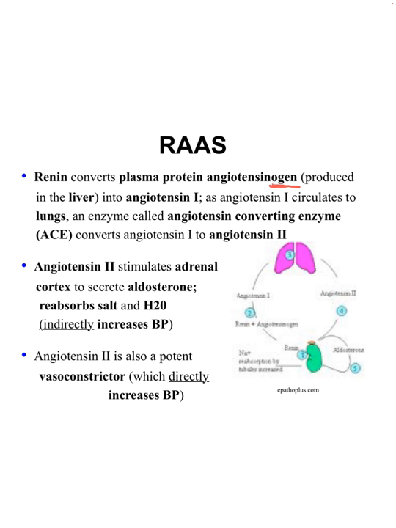So when renin's produced, angiotensinogen becomes angiotensin 1. Angiotensin 1 moves to the lungs, and there you have an enzyme called angiotensin converting enzyme, or ACE for short, that will convert 1 to 2.